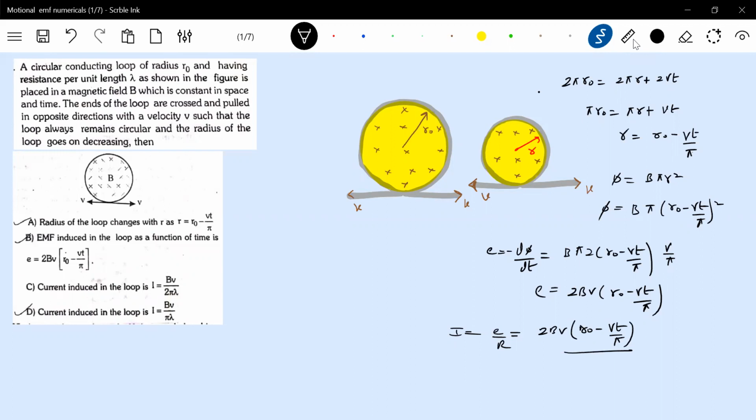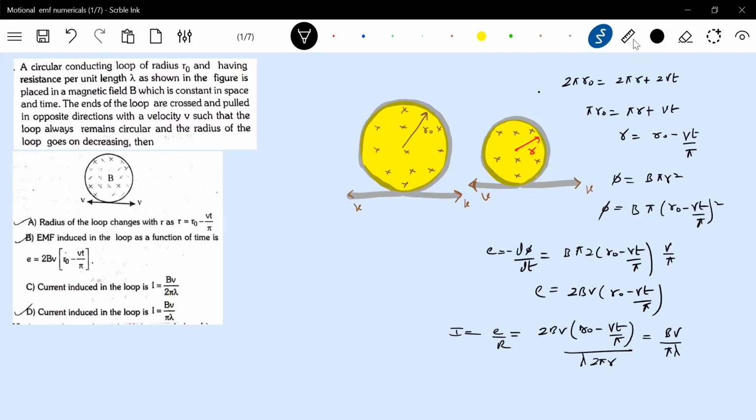The resistance is lambda into 2 pi r, where r is the radius at any time t. So what is r? r equals r naught minus vt by pi. What all will get cancelled? The 2 will get cancelled. So bv by pi lambda.